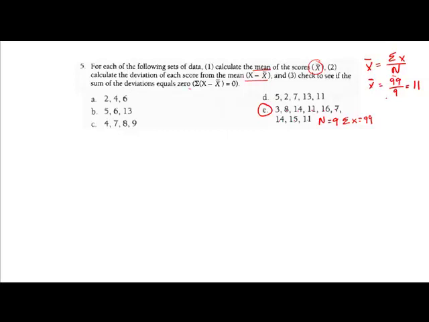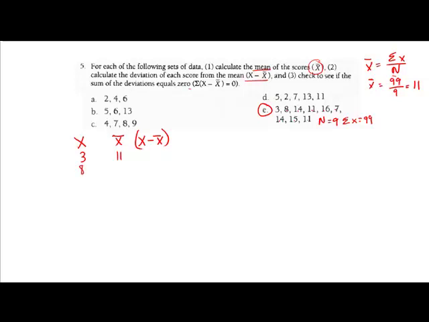2. Calculate the deviation of each score from the mean, which is x minus x bar. Okay, well, let's do that. So I have a column of x's, I have my x bar, and then I need to calculate x minus x bar. Not a problem.